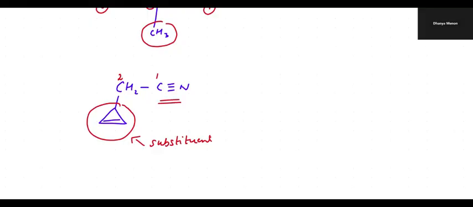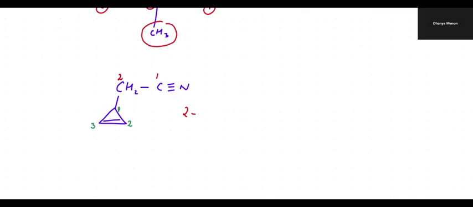Okay, so at the second position, the substituent also we will number. I'll number it in a different color so that it's easy. Number 1, you can also write 1 dash, 2 dash also. So 1, 2, and 3. At the second position, because it's a cyclic substituent with 3 carbon atoms, so cycloprop.